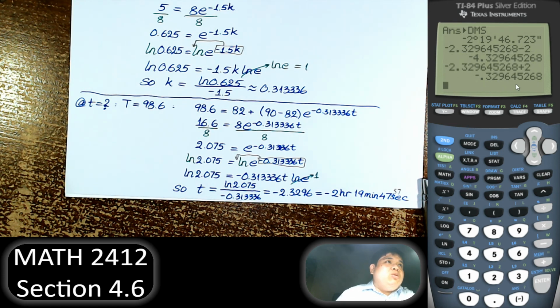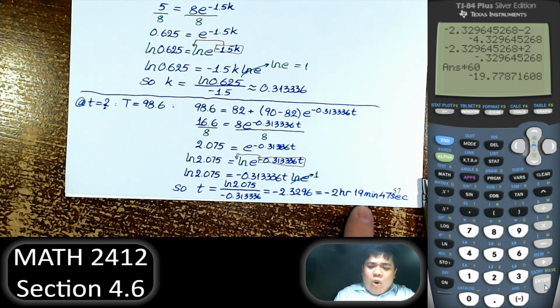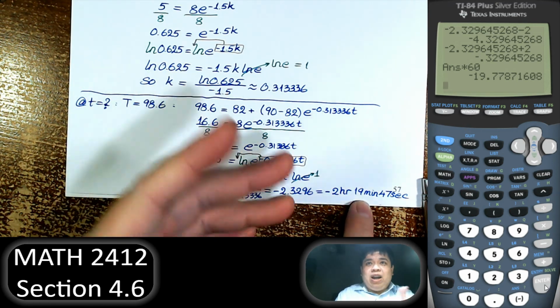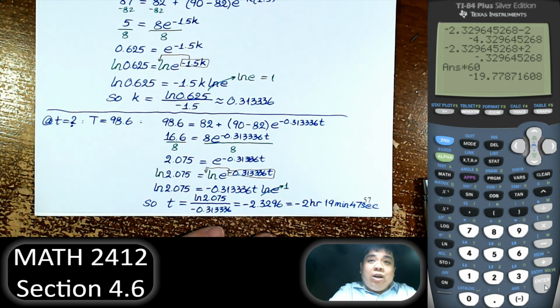If we just want the decimal, times 60, that's about 19 minutes and something. So it's just an approximation. So that should be 20 minutes. If we round that up to 20 minutes, the time of death is 8:40 p.m.